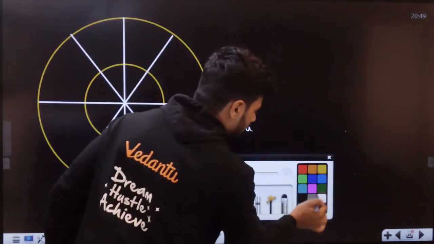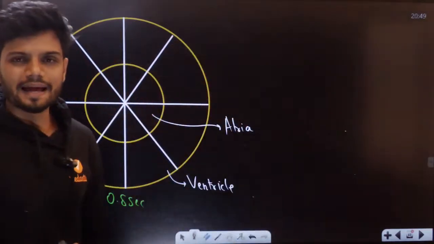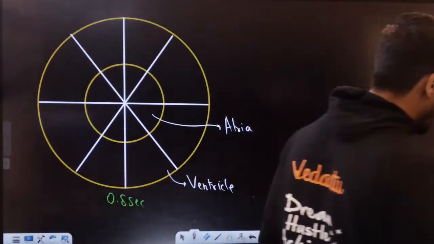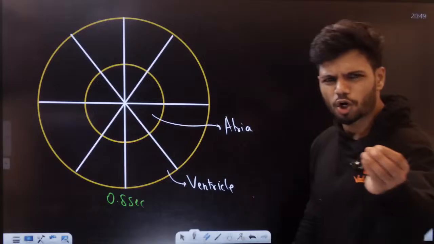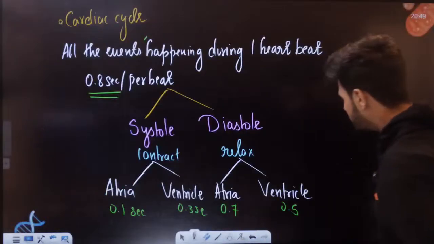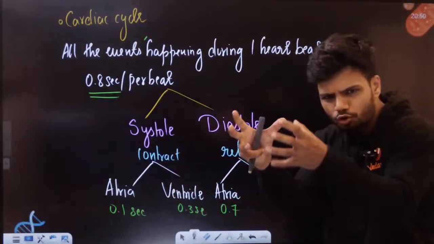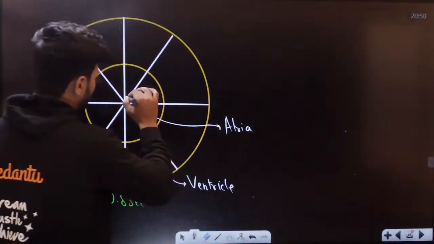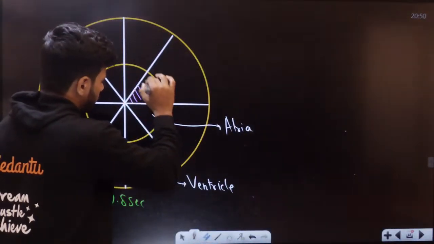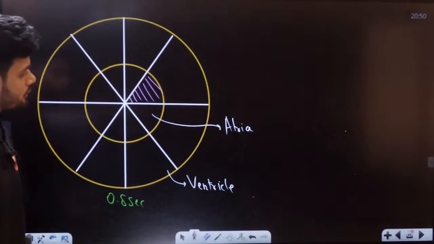Now remember, students, how much time do the atria take to contract? Atria takes 0.1 second to contract, just 0.1 second. So let's say here we made our 0.1 for the atria.